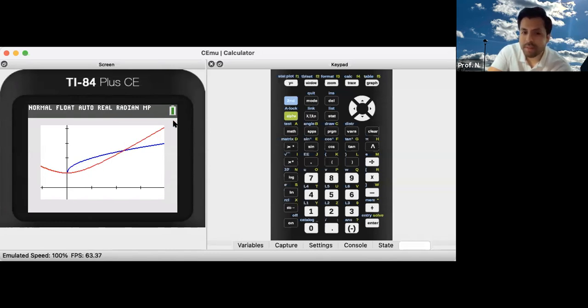We see that blue is above the red in between the 2 points of intersection. That's why they make you find points of intersection first. So the x values, everything in between, makes this inequality true.